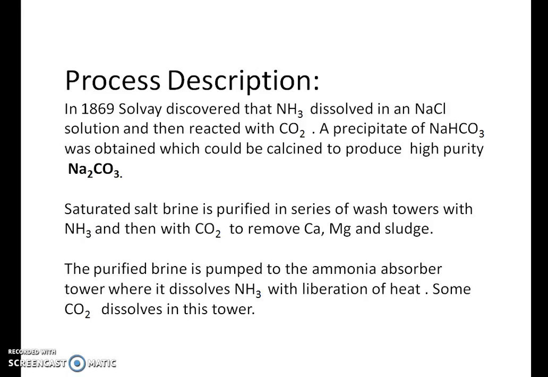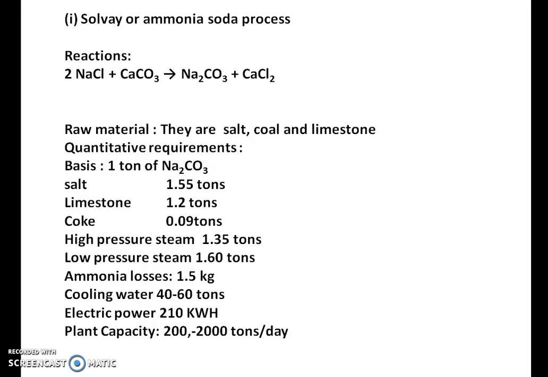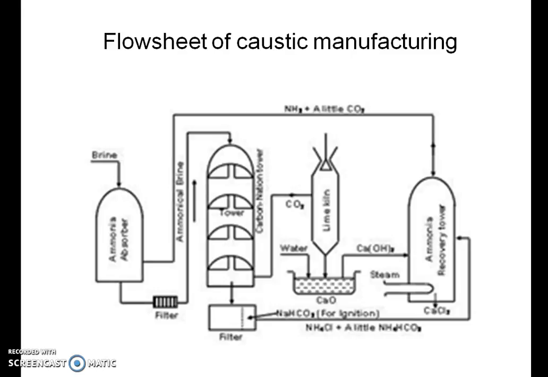So if you refer to the flow sheet we saw, just remember there is an ammonation tower, there is a carbonation tower, and then to get CO2 we have a lime kiln, and then you recover ammonia so that it can be reused in the process. When you speak of the ammonation tower, you add brine to it, and the brine is contacted with ammonia.